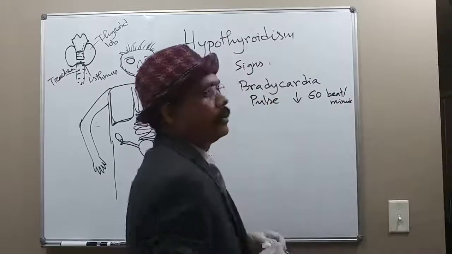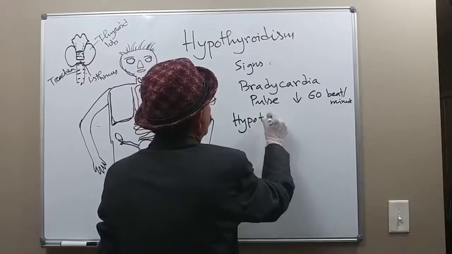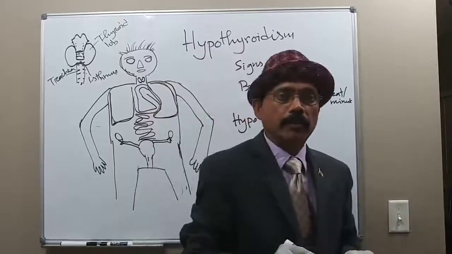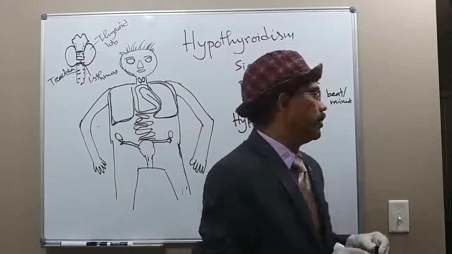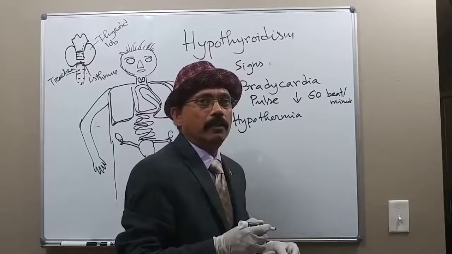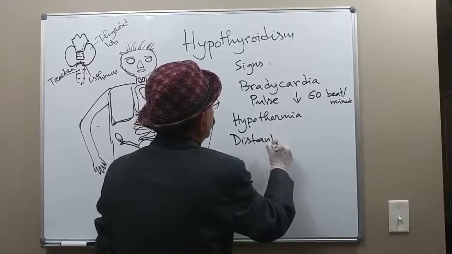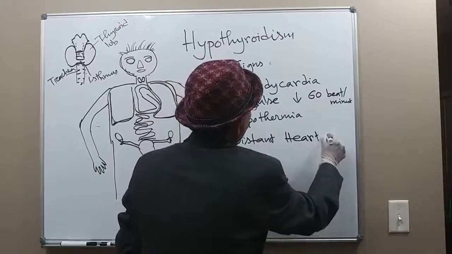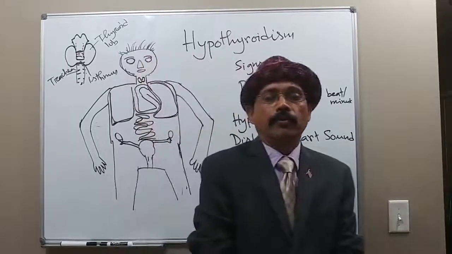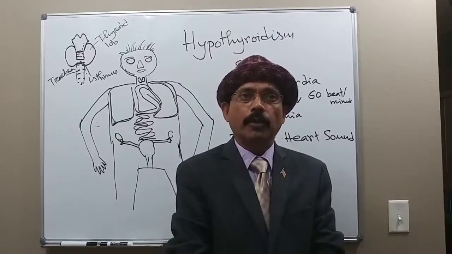We'll also get hypothermia. Temperature may be 1 degree Fahrenheit, even more, less than normal temperature. And distant heart sounds, because a lot of hypothyroid patients also suffer from pericardial effusion, so heart sounds may not be auscultated properly.